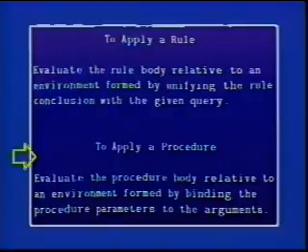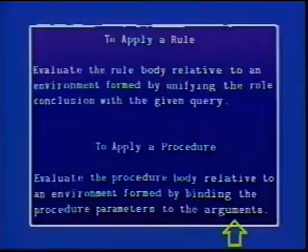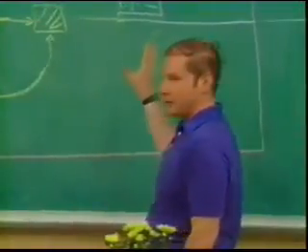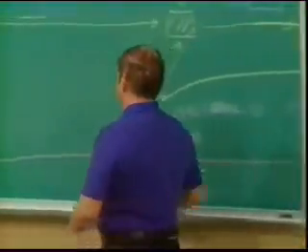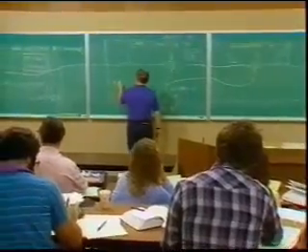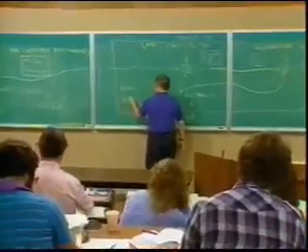To apply a procedure, we evaluate the procedure body relative to an environment that's formed by binding the procedure parameters to the arguments. There's a complete formal similarity there between rule application and procedure application, even though these things are very, very different. And again, you have the eval-apply loop. Right? Eval and apply.